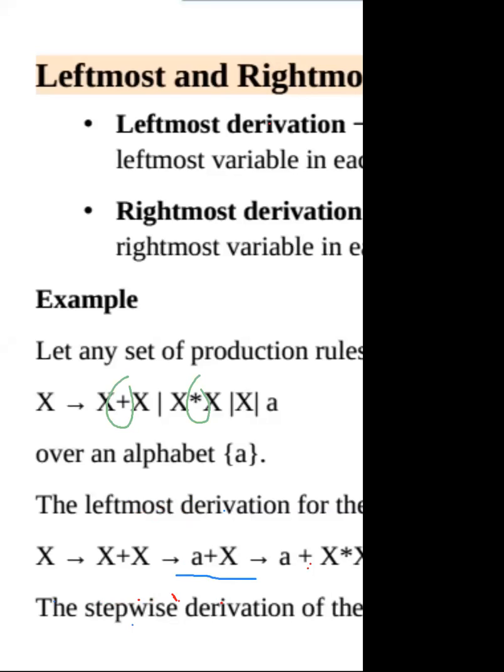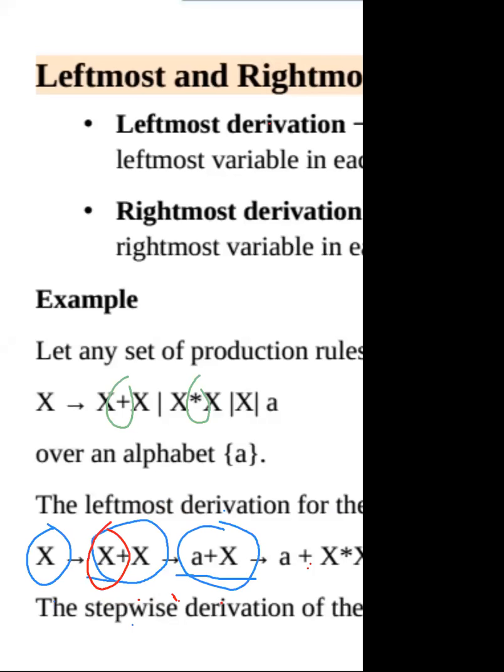First we wrote X, the leftmost X. Second we wrote X plus X, then the third line we wrote a plus X. So tell me which X has been replaced. Leftmost X. Left one.